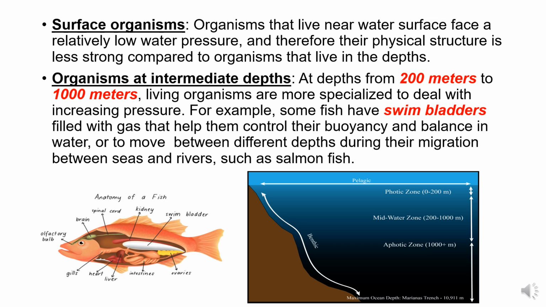For example, some fish have a swim bladder, colored white in the photo, which is filled with gases that help them control their buoyancy and balance in water, or to move between different depths during their migration between seas and rivers, such as salmon fish.